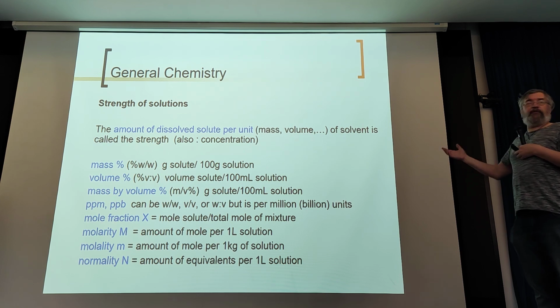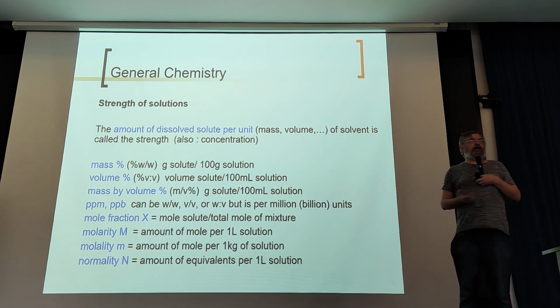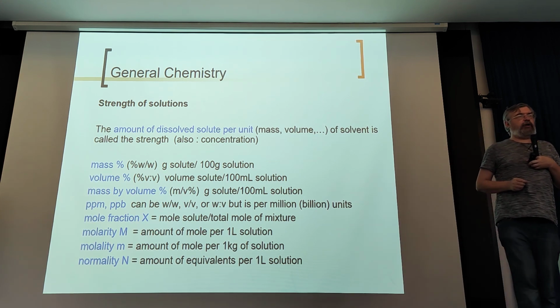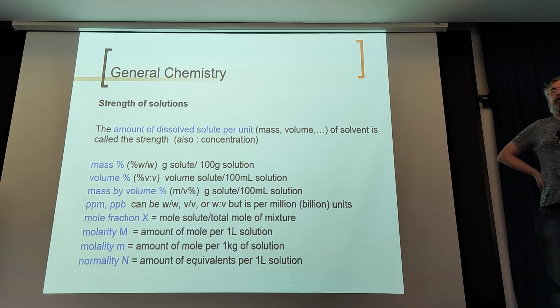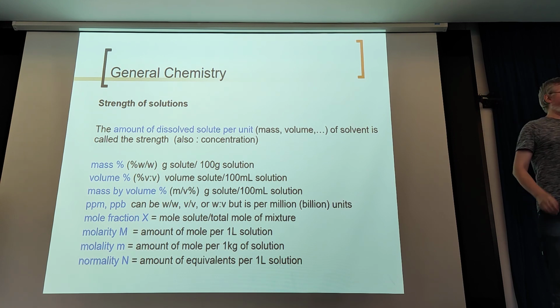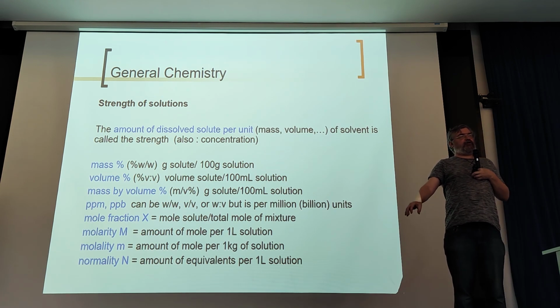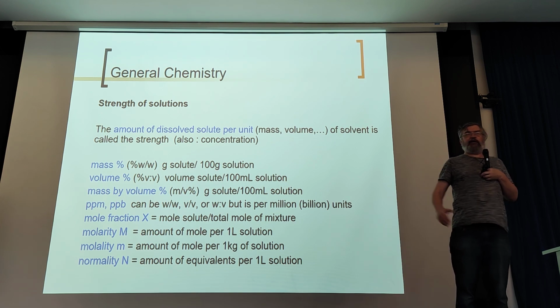So this can be weight by weight or volume by volume, but these numbers are going to be actually quite low. For instance, they would say that a certain toxic gas, like chlorine, we cannot have more than, I don't know, 10 ppm in the air, otherwise it's too dangerous. Or in the soil, there's a certain contaminant, we don't want it to be more than so much ppb, parts per billion.